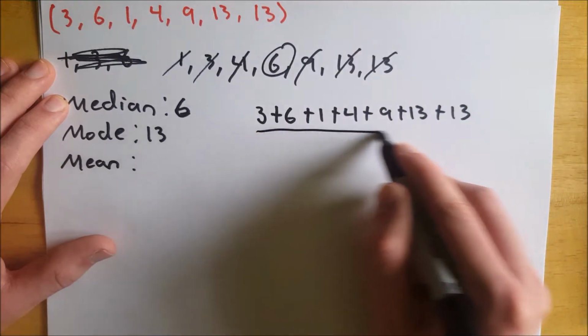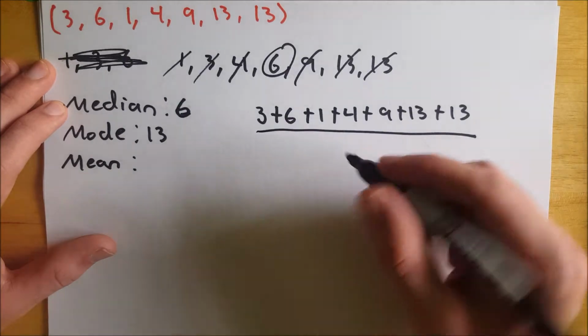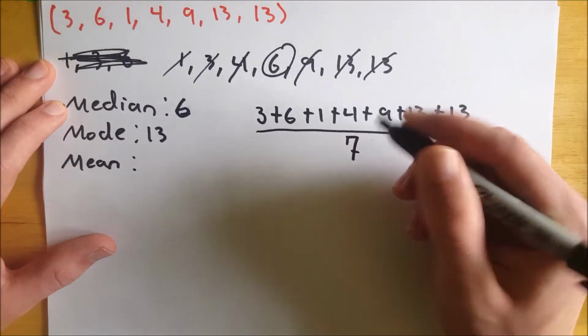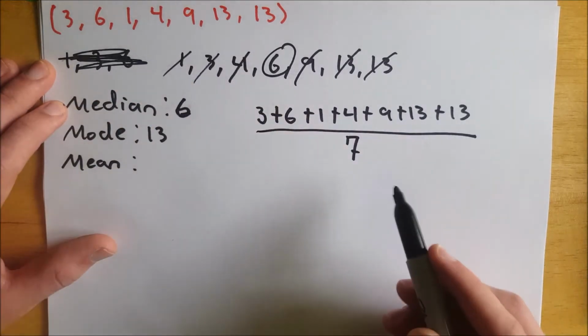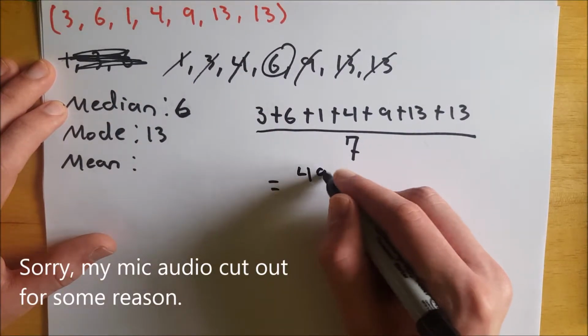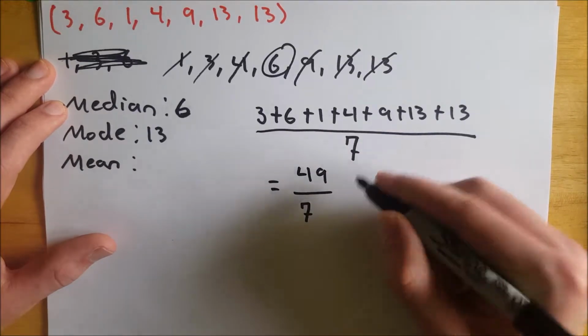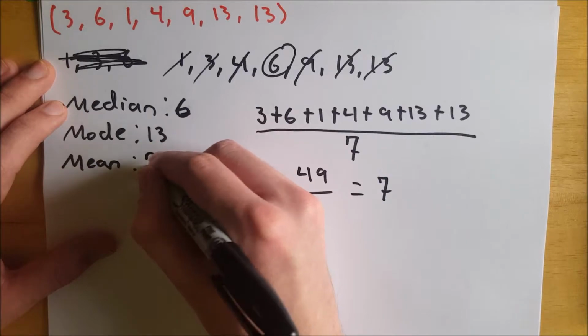And this gets divided by our total number of data points, which is 7: 1, 2, 3, 4, 5, 6, 7. So we divide the sum of all of our data points by 7. Now, that sum is 49, and 49 divided by 7 is equal to 7. So we know that our mean is 7.